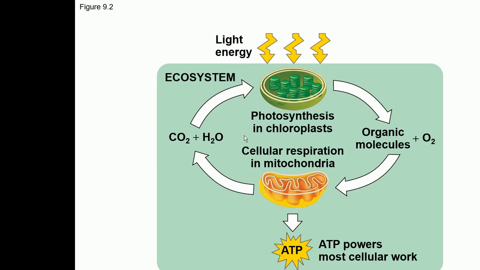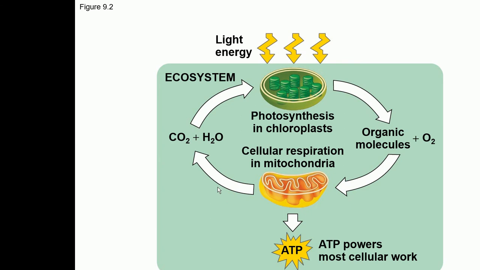So animals like us take organic molecules formed by plants through photosynthesis, and oxygen is also given to us by plants. By cellular respiration, from the organic molecules and with the help of oxygen, energy is produced in the form of ATP, and ATP drives many functions.